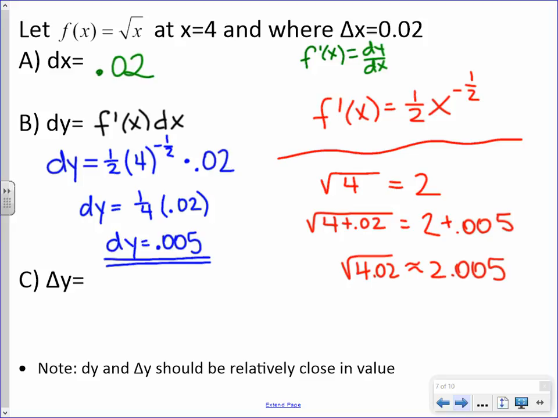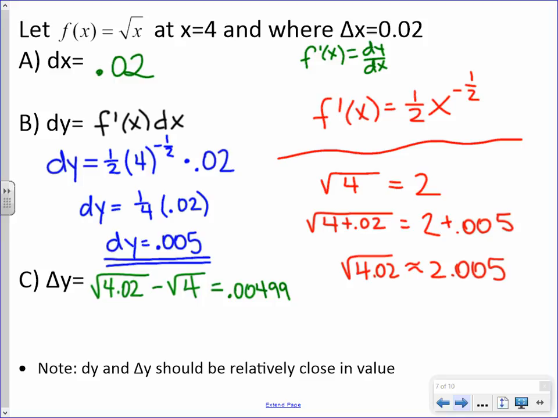When we talk about delta y, that is the actual change in our y values, which means what is the difference between the square root of 4.02 and the square root of 4? What is it? Okay.